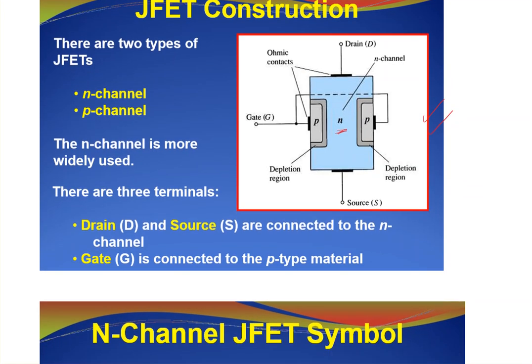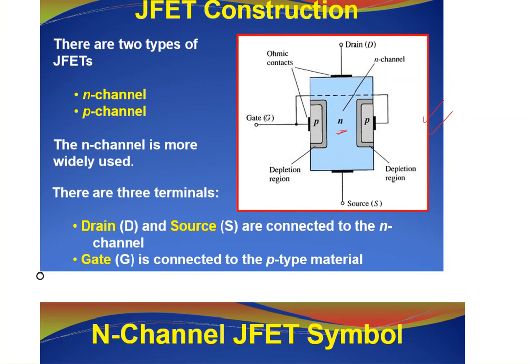All I want you to know is that we do have something called the drain and source, and the N channel is connected to both the drain and the source. We have a gate which is connected to the P channel. So the N channel is connected to the drain and source, and the P channel is connected to the gate. In most applications, we will concentrate on the N channel JFET.